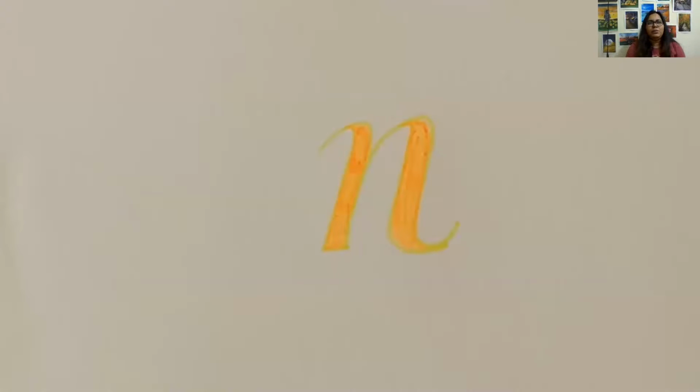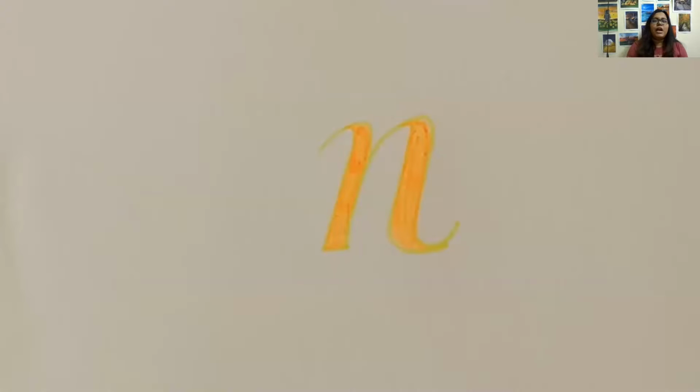Whichever parts we had to darken as per our rule, the part that is downwards, is darkened with orange color. Everybody just get it completed.